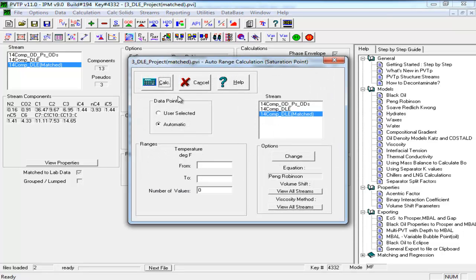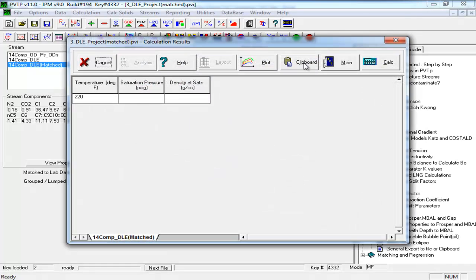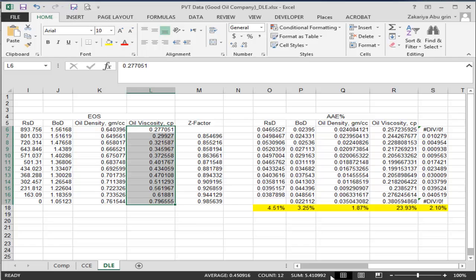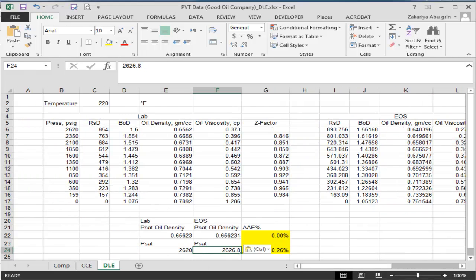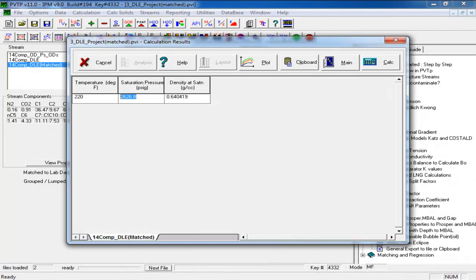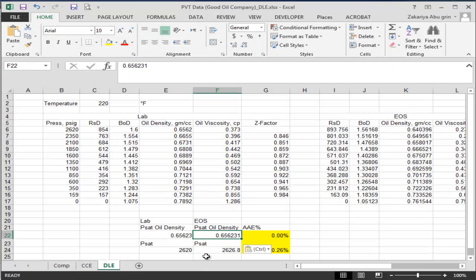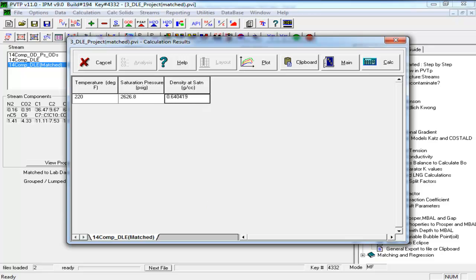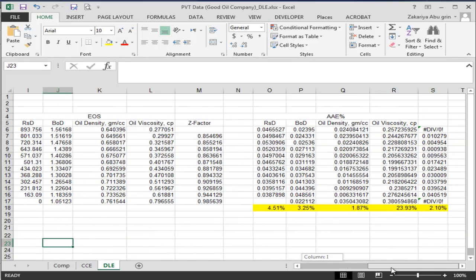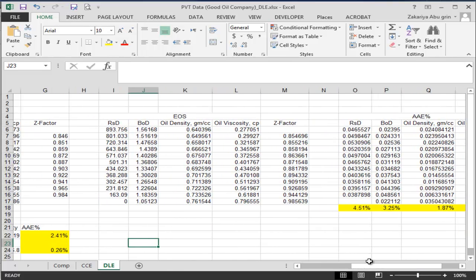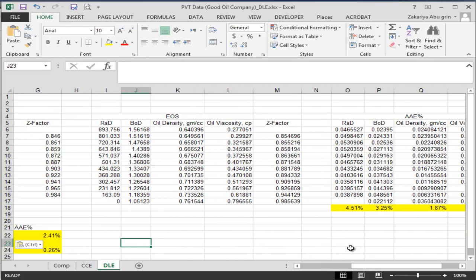PSAT properties? You see that you are acceptable here, here, here, and here.